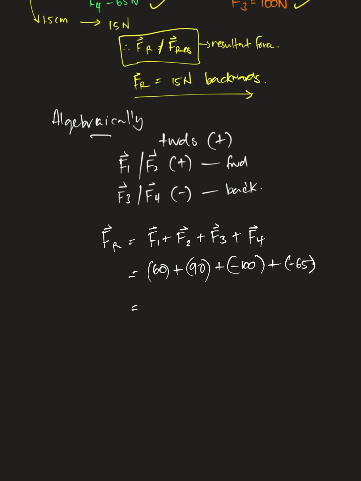All right, and if I pop all of that into my calculator, I'm going to get a value here of negative 15 newtons. But remember what I said, you can't have a negative answer. So the rule is make it positive. Great. FR is equal to 15 newtons. And you have to put in a direction.